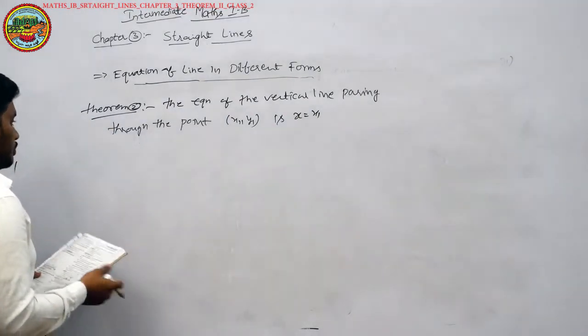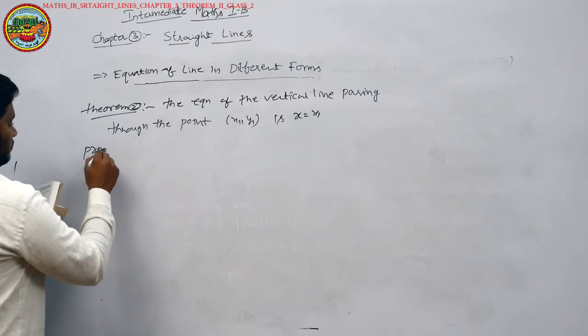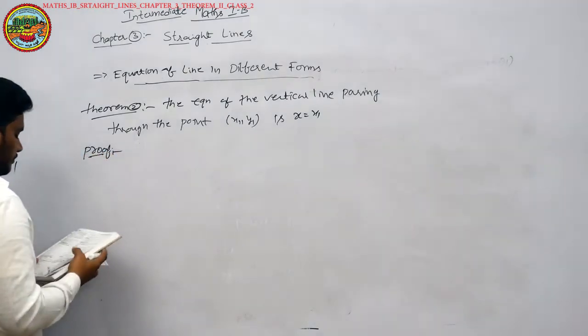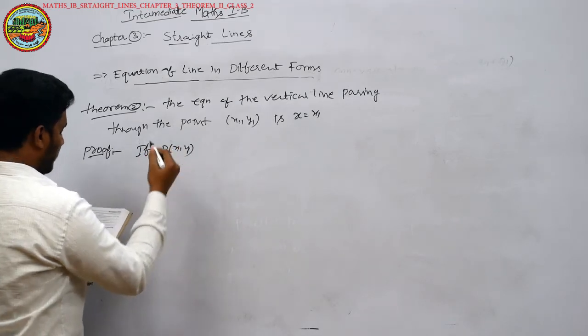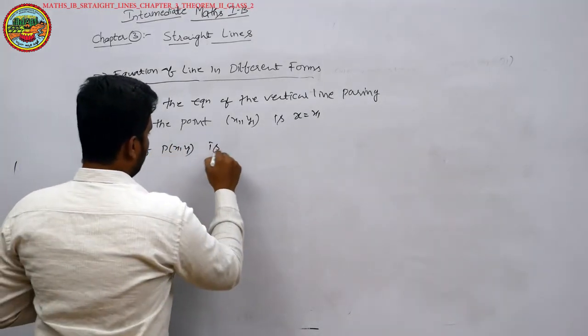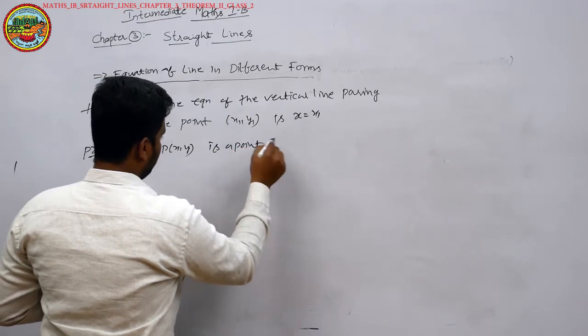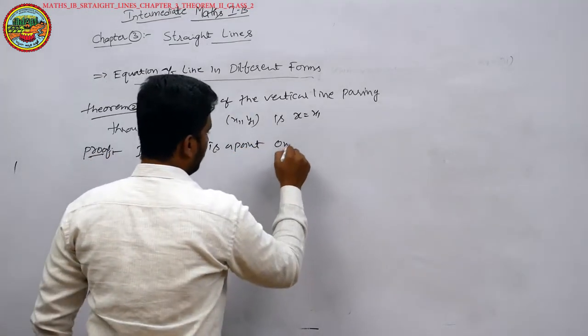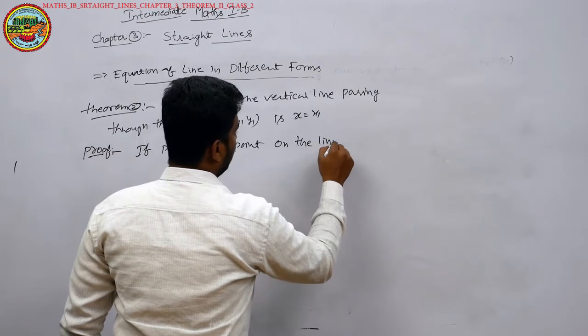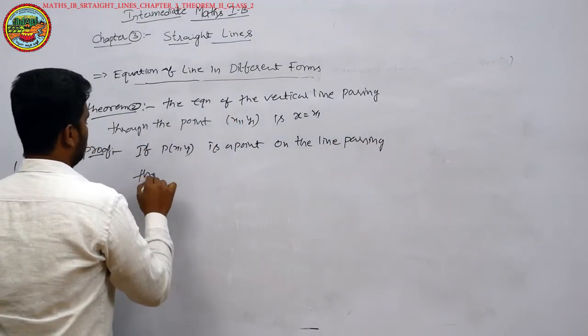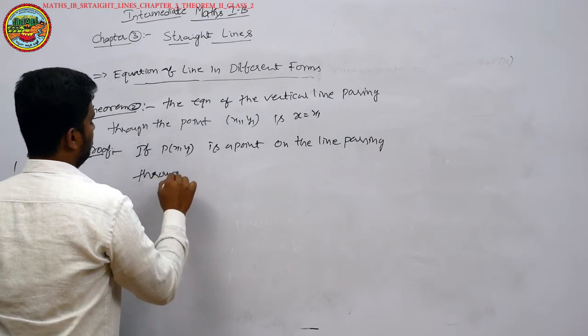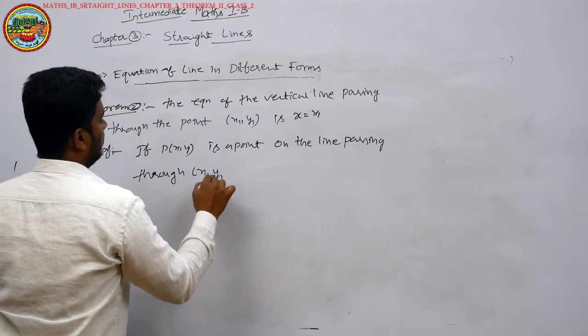Okay, so proof: if P of x comma y is a point on the line passing through x1 comma y1.